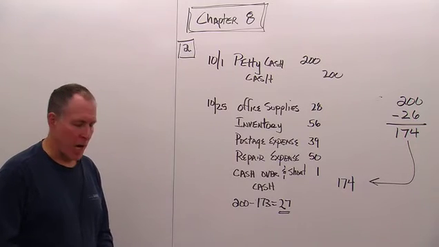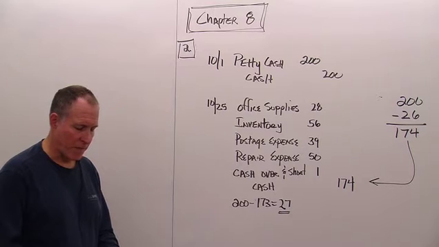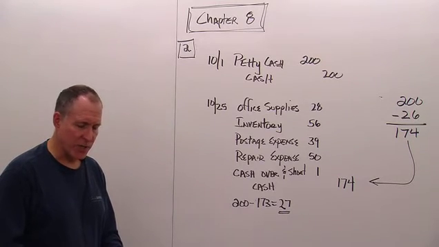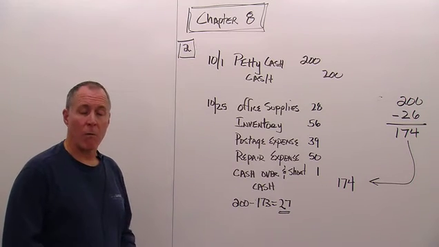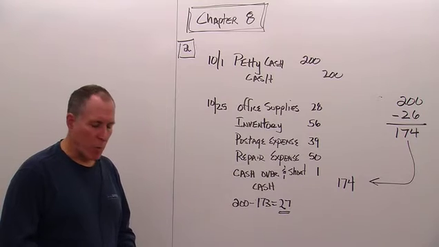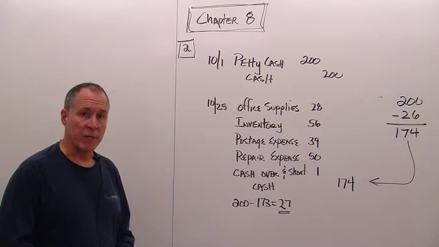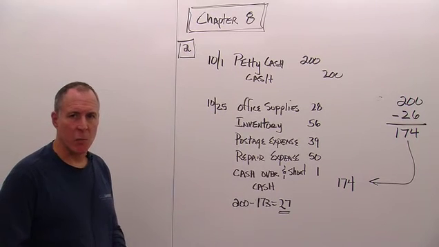The problem goes on, and we see here, the petty cash fund is reimbursed on the 25th when there's only $26 of cash. There should be $27. What has happened? We're short $1. But we need to make a journal entry. The journal entry we make is on the 25th of October.